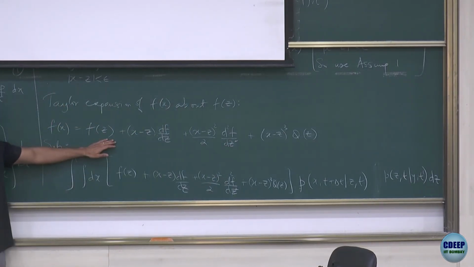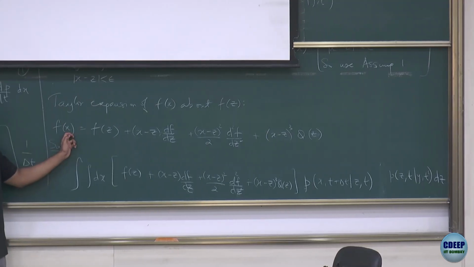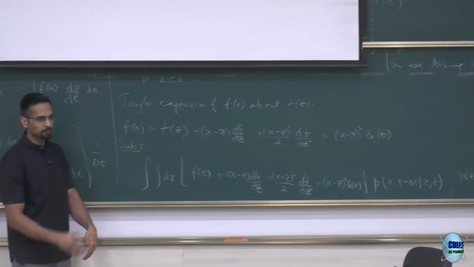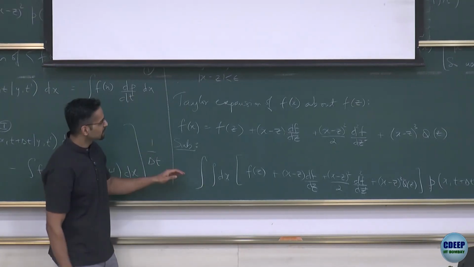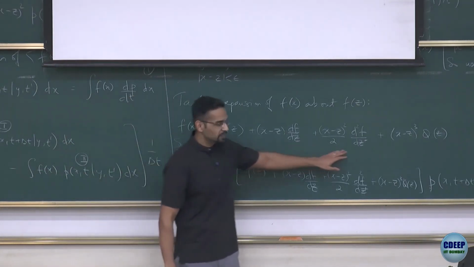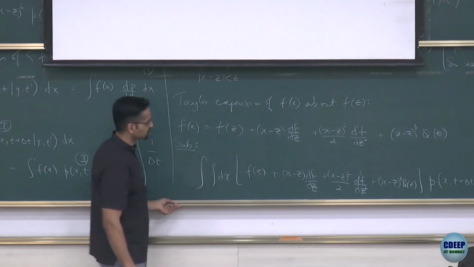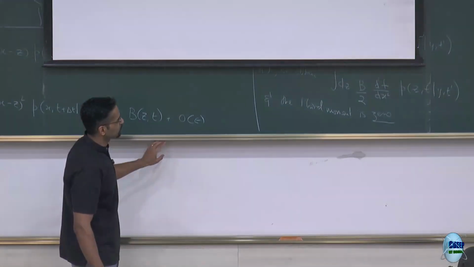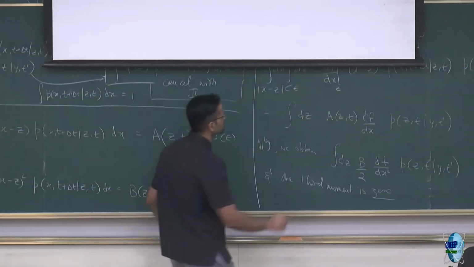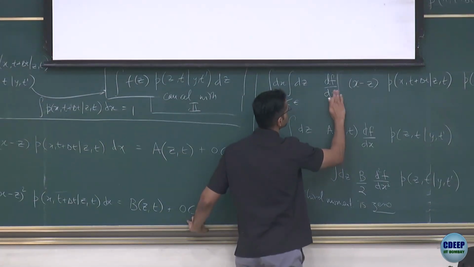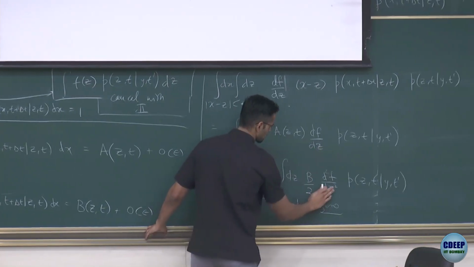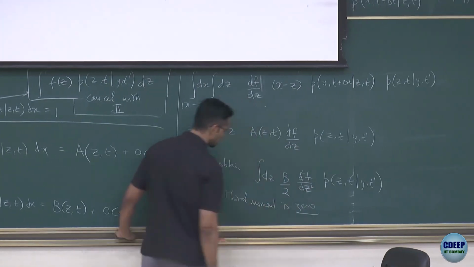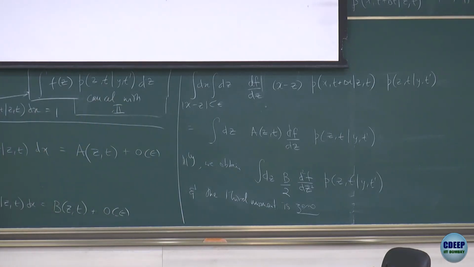So I know f as a function of z, the value at this small distance x is f of z plus a derivative with respect to z into the step. Silly mistake. Okay, so in fact I don't need all of this, it's just z. That's nice.